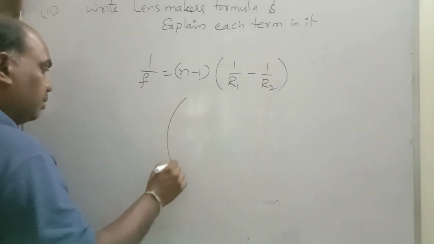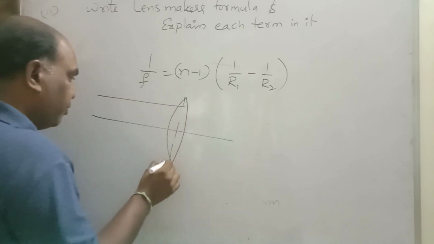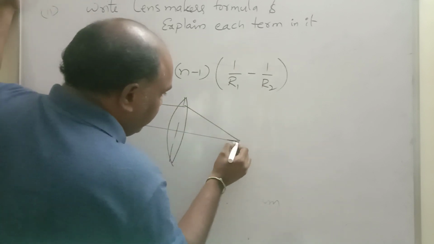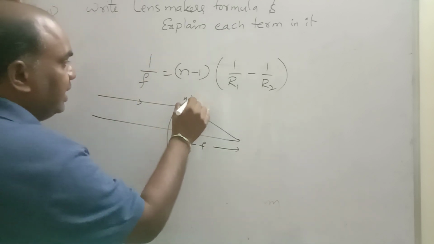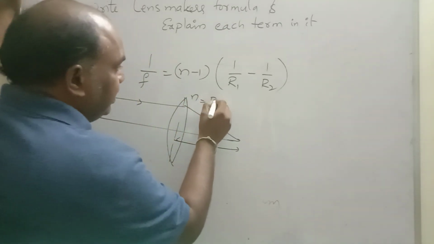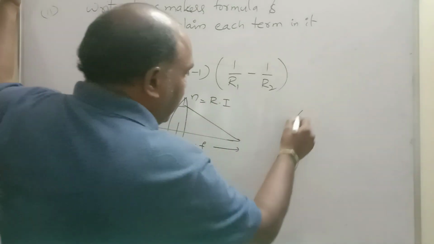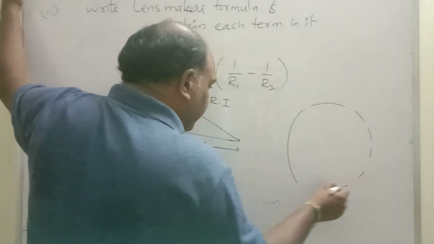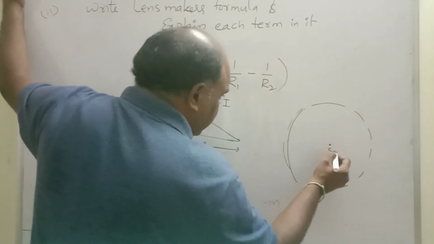Here f is nothing but the focal length of the lens. That means the parallel incident ray, after refraction, where it converges, that is the focal length. Pole to this distance is called focal length. N is the refractive index of the lens. R1 is the radius of the first curved surface, that means pole to center of curvature.